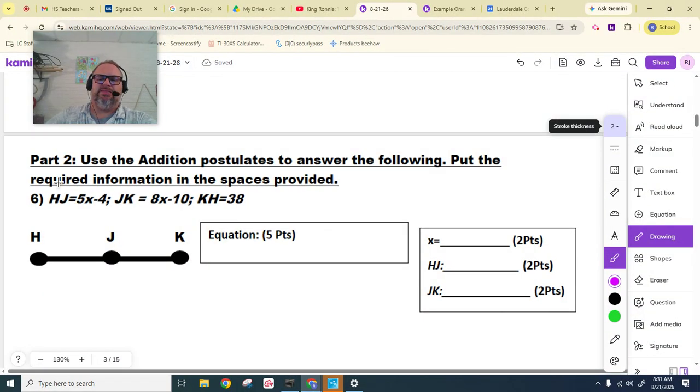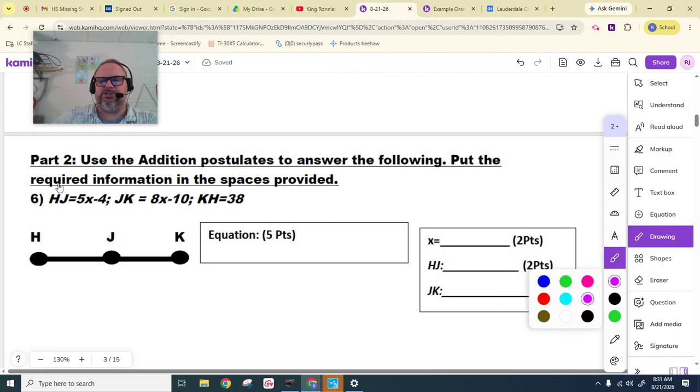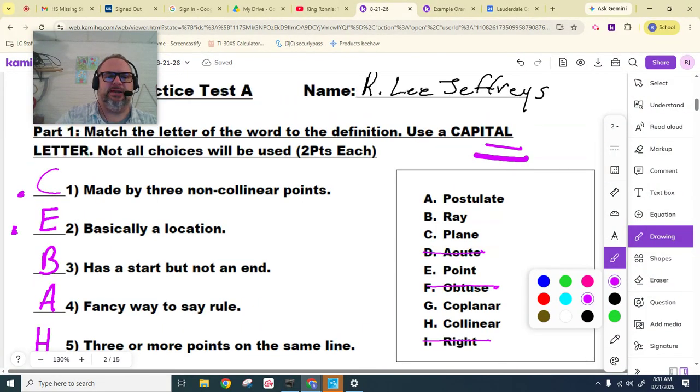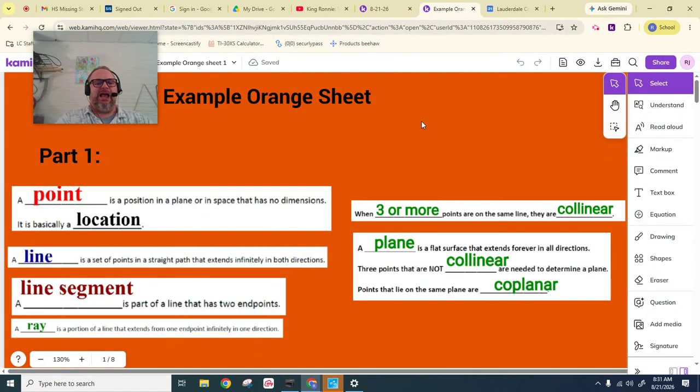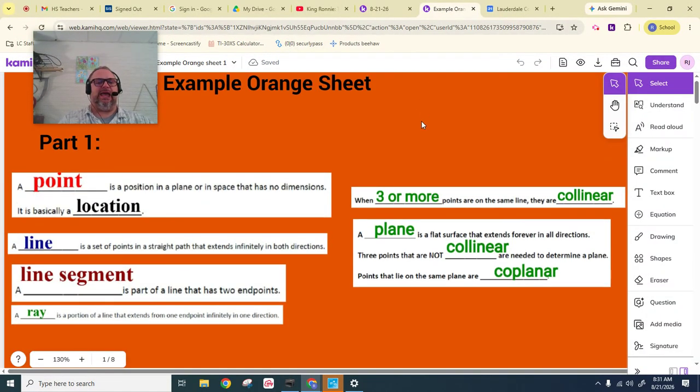So, the addition postulate. If we're reading the directions, it should probably tell you, wait, let me go back a little bit. All right, so for my example orange sheet, I went and grabbed all these definitions from our notes.